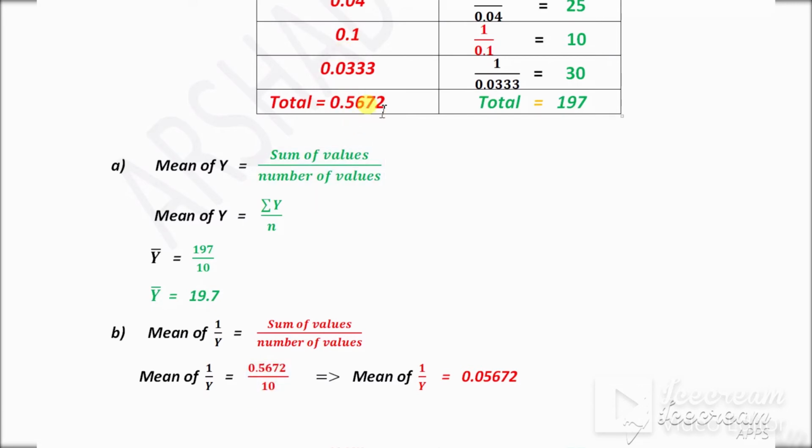This total divided by 10 is equal to the mean of 1 over y, which is 0.05672. So in this question, the mean of y is the green one, and the mean of 1 over y is the red one.